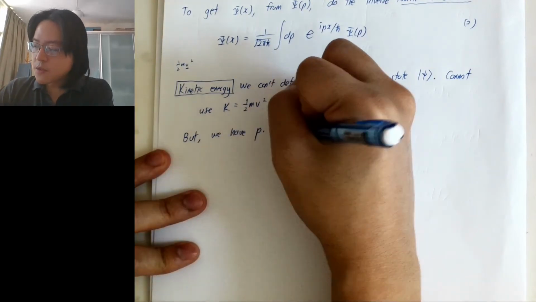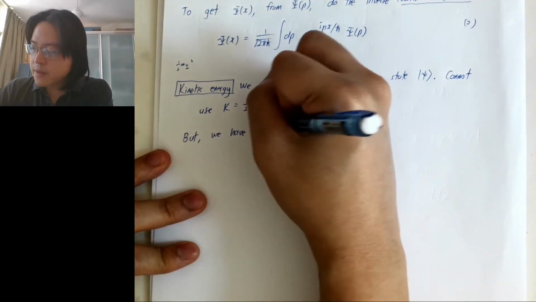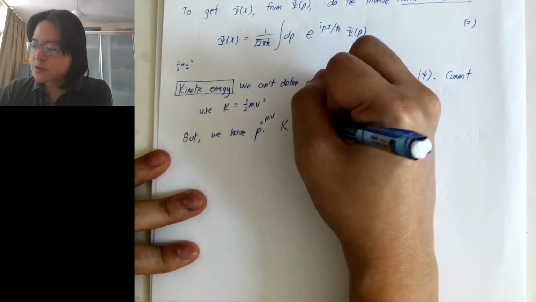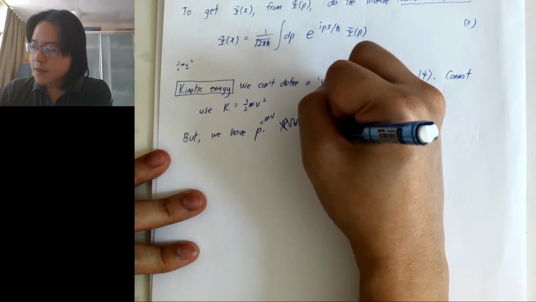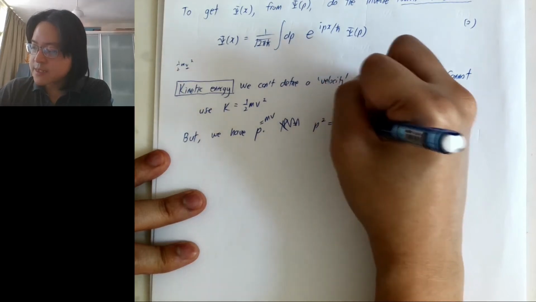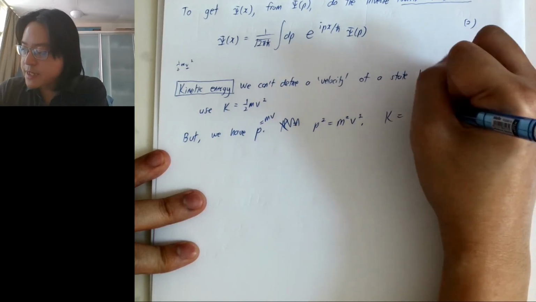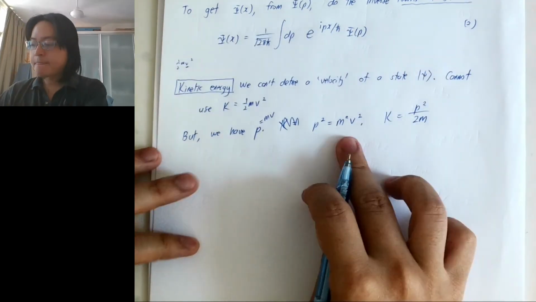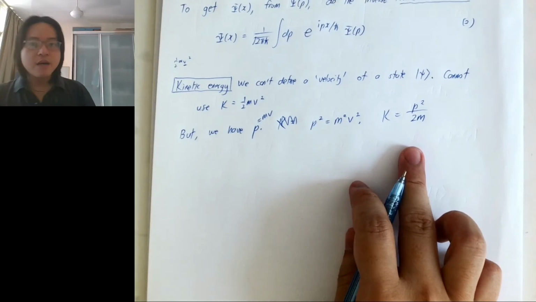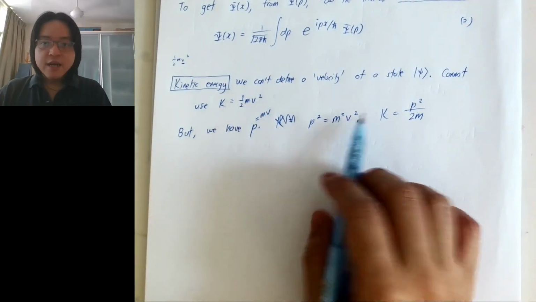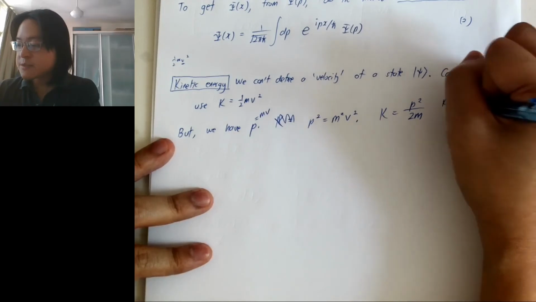Momentum is mv, so we realize that p squared over 2m is half mv squared, so the kinetic energy is p squared over 2m. Okay, so this is one way. Instead of expressing kinetic energy using velocity, this is KE expressed using momentum.